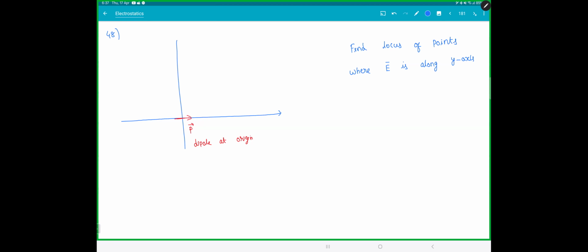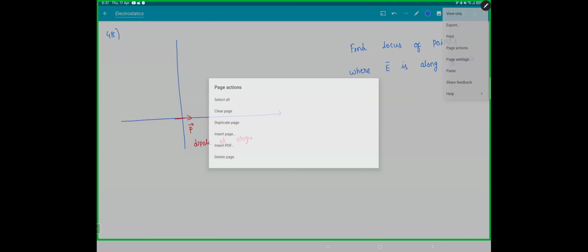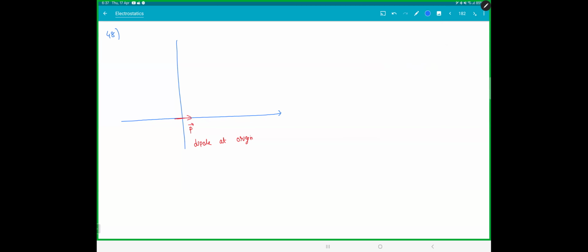How do you do this? See, here's the point x comma y at some angle theta. So at this point, this field will be 2 kp cos theta by r cube. This field will be kp sine theta by r cube.